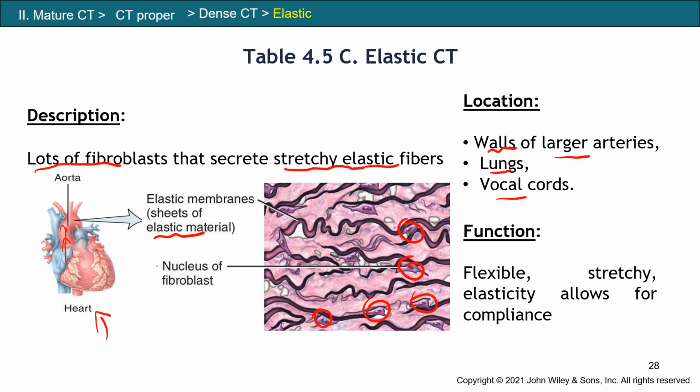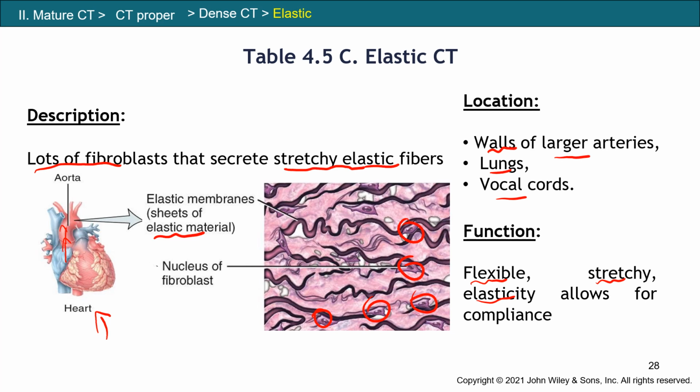And finally, what is the function? I gave you the example of the large arteries, but the same thing happens in the lungs and the vocal cords. You need to have flexible, stretchy, and elastic structures that allow them to fulfill their functions.